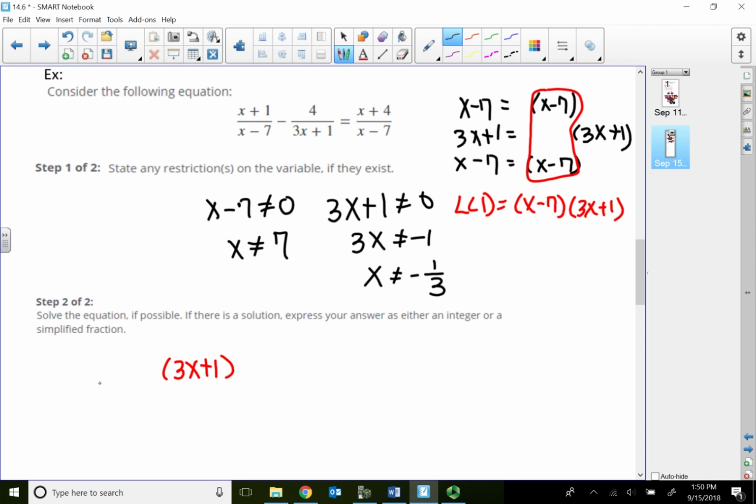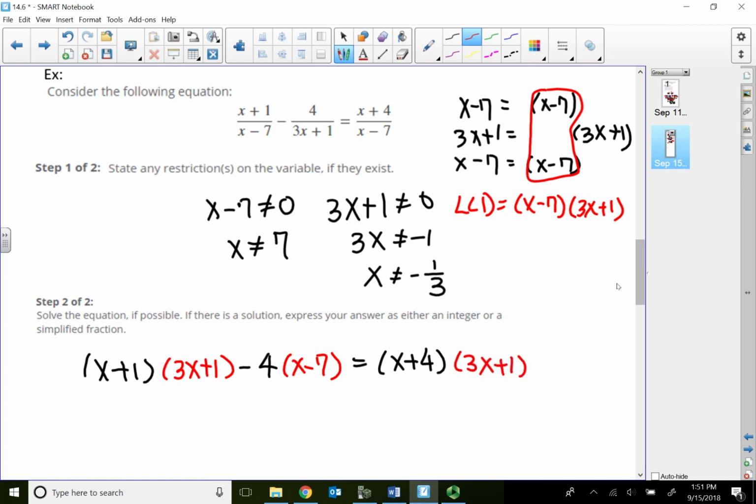The x plus 1 is two terms representing one numerator, so put them in parentheses, minus 4 times. The second denominator is missing the x minus 7, so we take that times the numerator, negative 4, equals. The third denominator is missing the 3x plus 1, so we take the 3x plus 1 times the numerator, x plus 4. Again, two terms for one numerator, put them in parentheses.